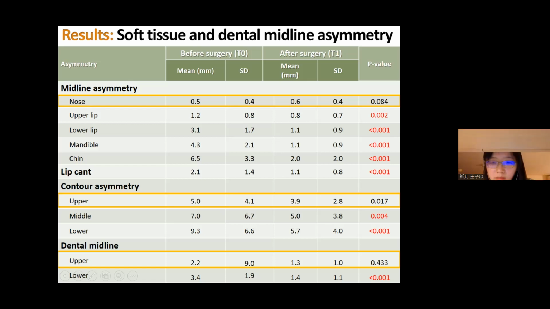Most people may not perceive contour asymmetry as accurately as midline asymmetry. So try to do some pilot study for the contour asymmetry. Otherwise, all numbers greater than 2 millimeters would have to be reoperated. Don't do that. Thanks a lot.